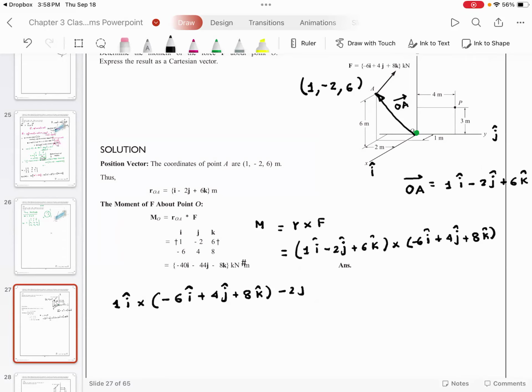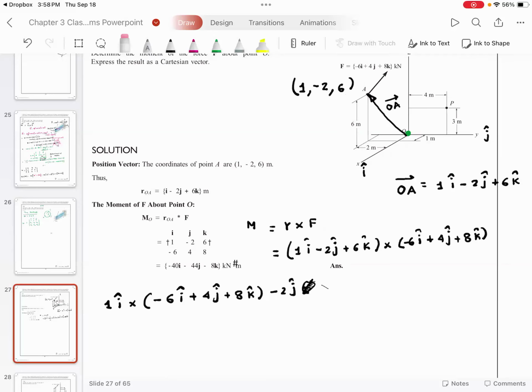Then minus 2j crossed with minus 6i plus 4j plus 8k, plus 6k crossed with minus 6i plus 4j plus 8k.